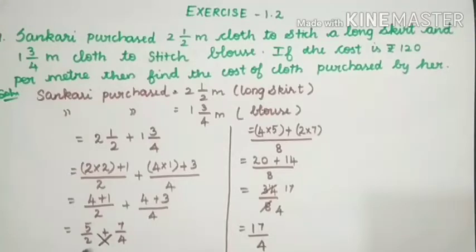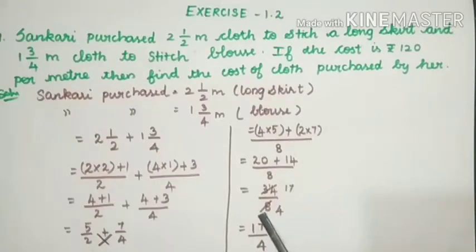Here the denominators are not the same. To find the common denominator, you have to use the cross multiplication method. That is denominator into numerator: the second fraction denominator into the first fraction numerator. 4 into 5 plus 2 into 7 divided by 2 4s are 8. 4 5s are 20. 2 into 7 equal to 14. 20 plus 14 equal to 34 divided by 8.